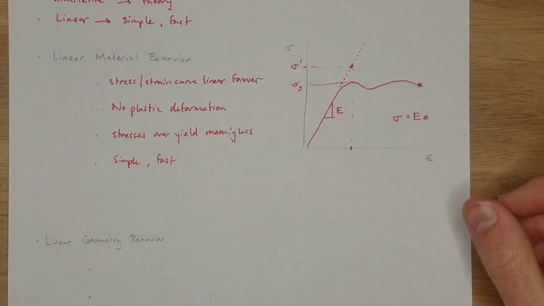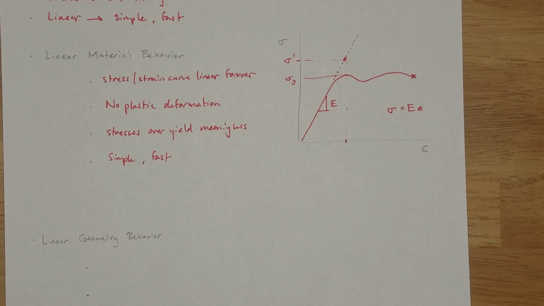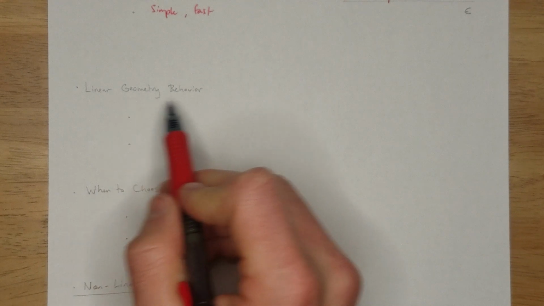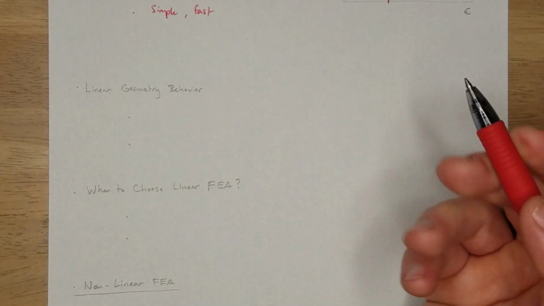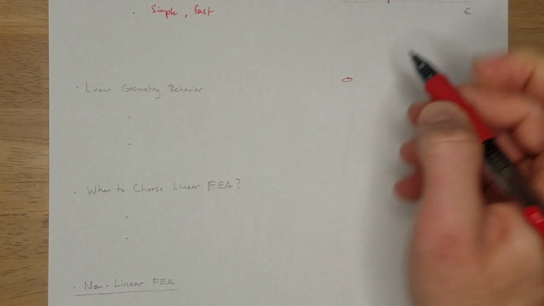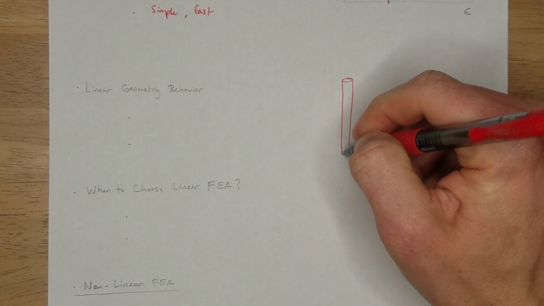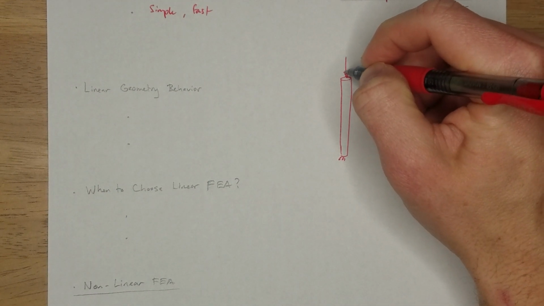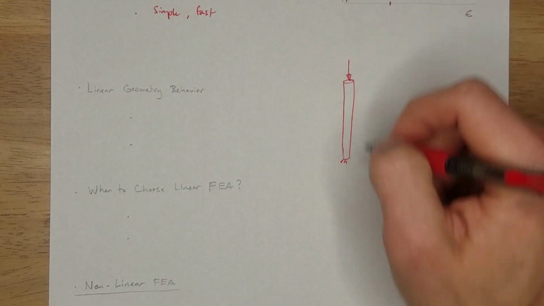That's a big deal. The second big assumption is that our geometry behaves linearly. What do I mean by that? Let's say I've got a column, and it's a slender column. There is a load that I can apply, a fixed base here.